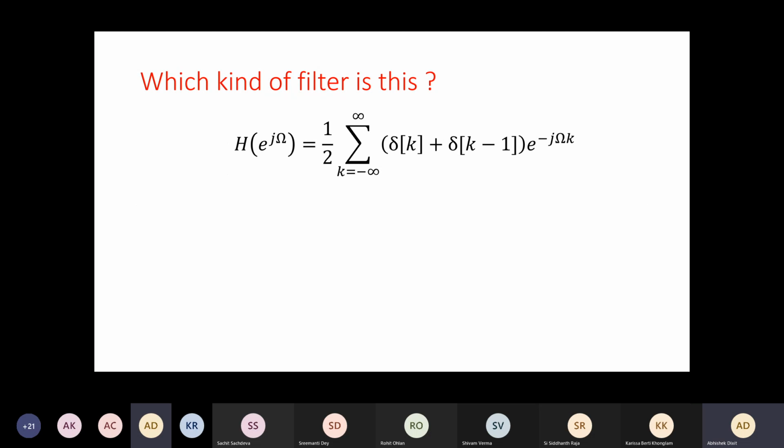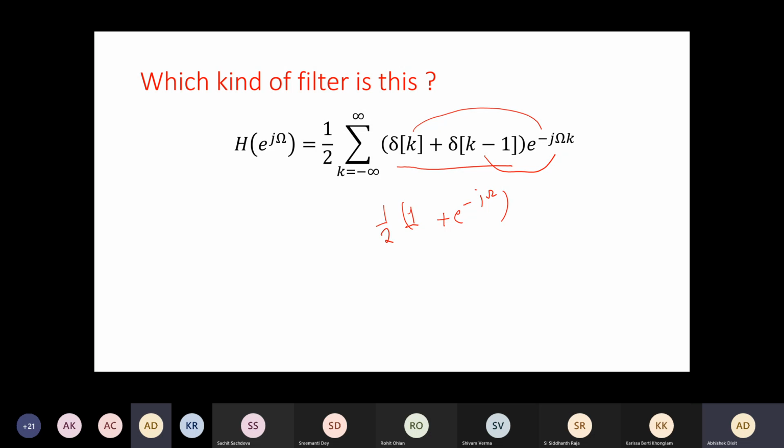So frequency response, I will not now repeat all the steps. This would be the impulse response for this system, right? And frequency response can be obtained like this. And again, this multiplies by this to give us 1, and this multiplies by this to give us plus e to the power minus j omega, right? So this is the frequency response.